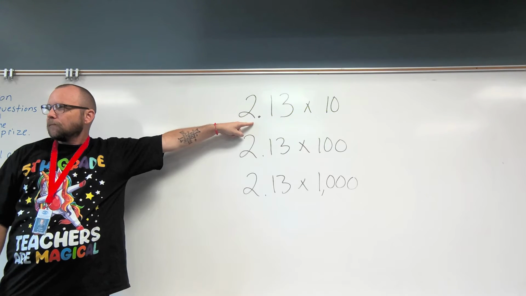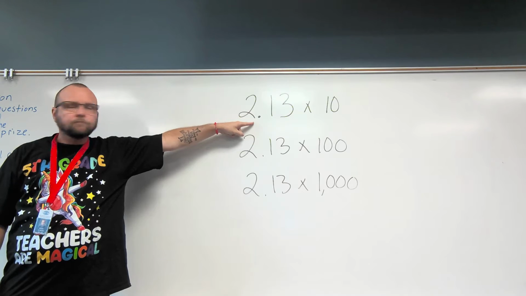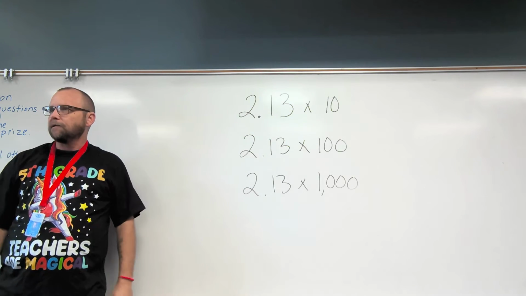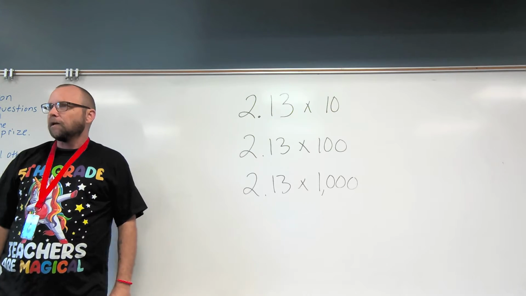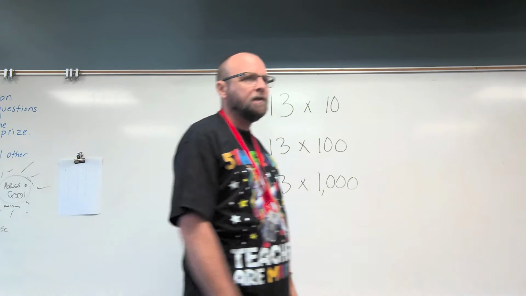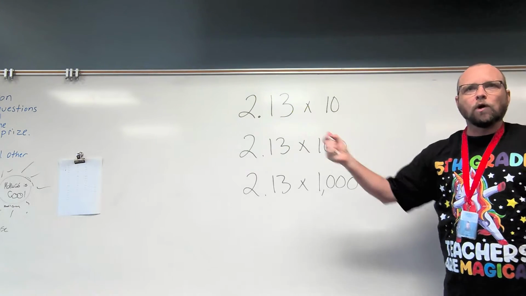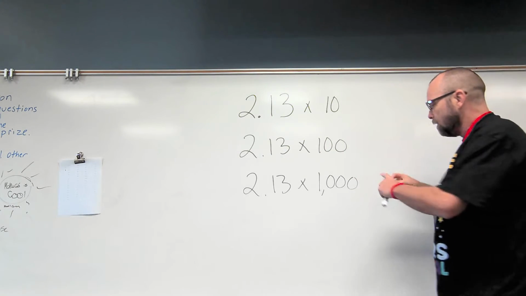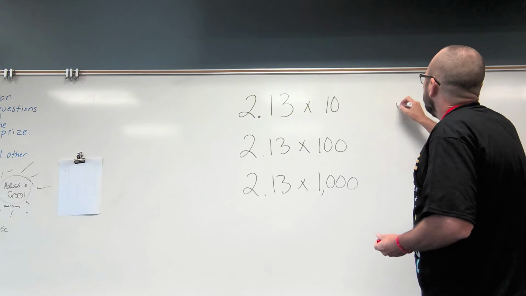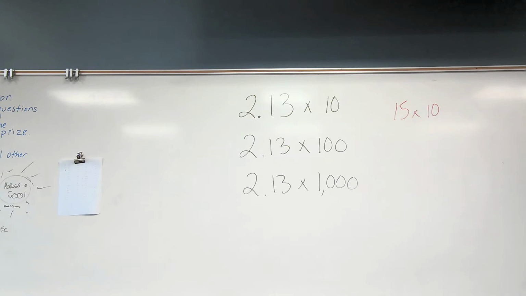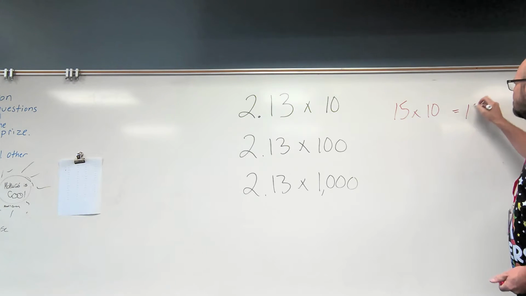Isaac? 21 and 3/10. And that's exactly right. Because when you're multiplying by 10, all you're doing is moving the decimal point over 1. Because when you did this in the past, if you said 15 times 10, you knew the answer was what? 150.